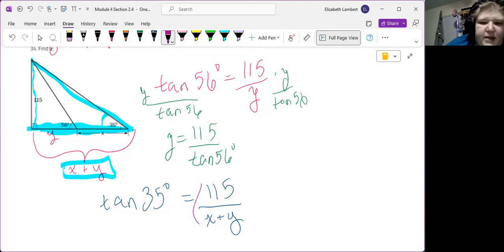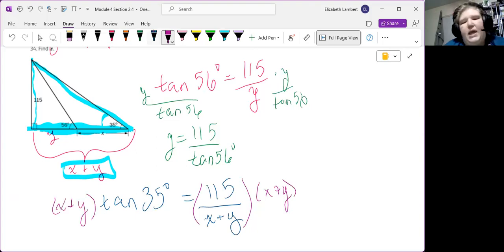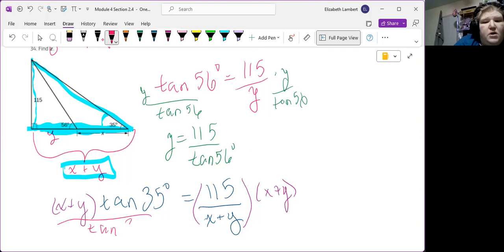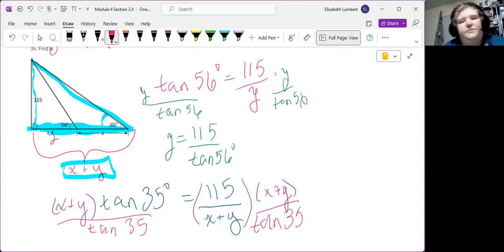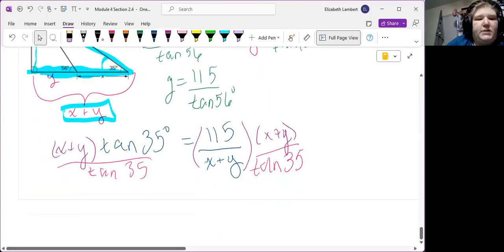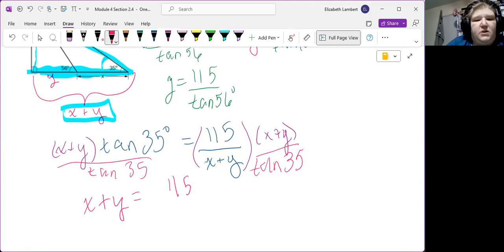Why you do this, pen? And then, that tangent is just a number, so I'm also going to divide this thing by the tangent of 35. So we end up with x plus y equals 115 over the tangent of 35.